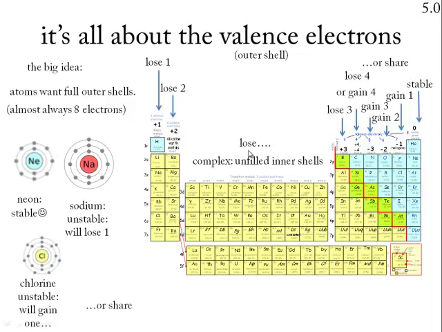All the reactivity can be based on the idea that they want to become like noble gases. Keep your mind open to the idea that all of these electrons here can be shared rather than gained or lost, and that's an option for these. These metals, no, they'll just lose them. Okay, that's how to predict the chemical reactivity of all the elements, and this is Screencast 5.0.